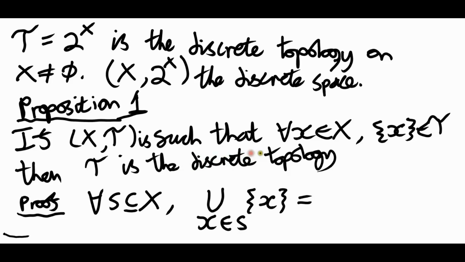So that is equal to S. And since that's the union of open sets, by our point 2 in the definition of a topology, this is an open set. So there we have it. That's the end of the proof.